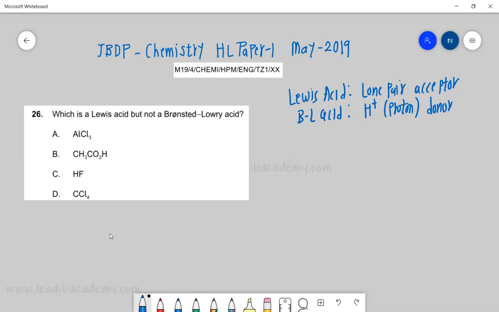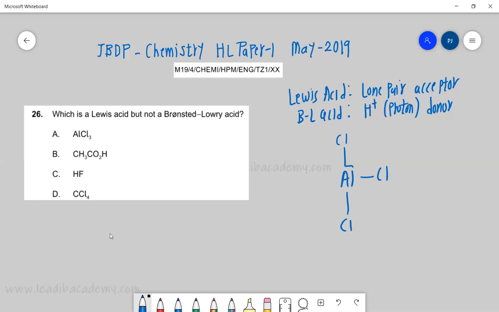So option A, AlCl3. What is the uniqueness of this? It is basically how many electrons are there in its valence shell. You can clearly see that aluminum has 3 electrons in its outermost shell, and it is sharing 1 electron each from these 3 chlorines.